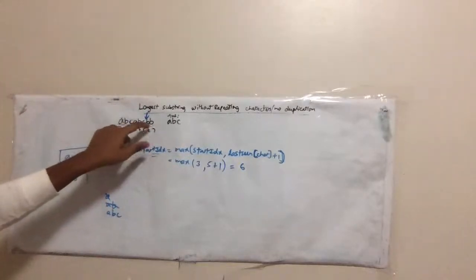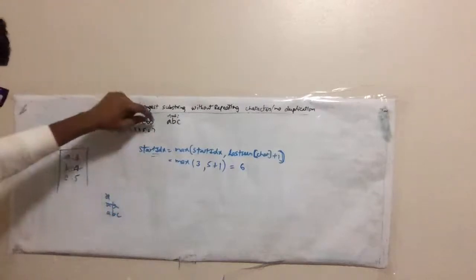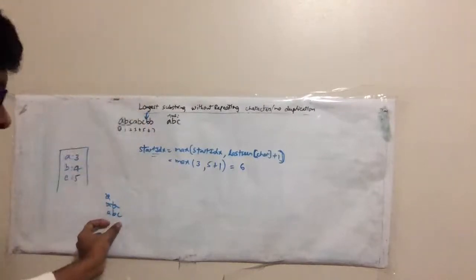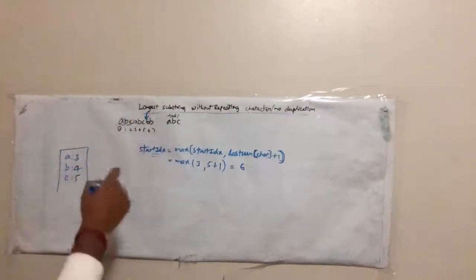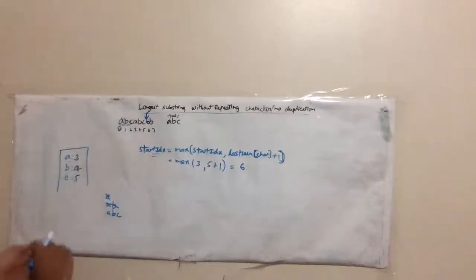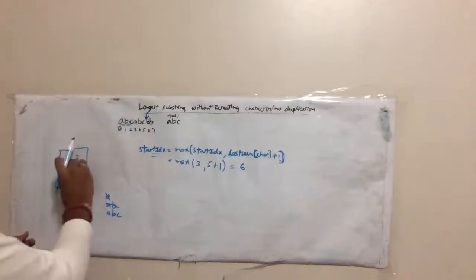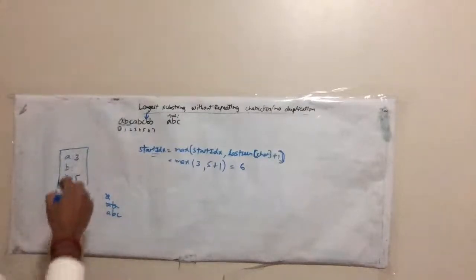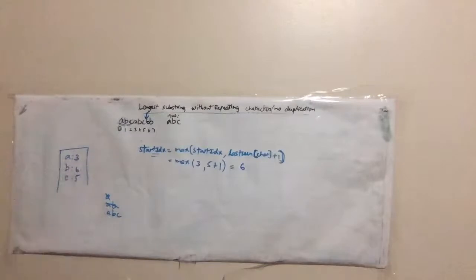Okay. We have got BB here. Is it larger than the already existing ABC? No. But before going further, you need to update this B character to 6.